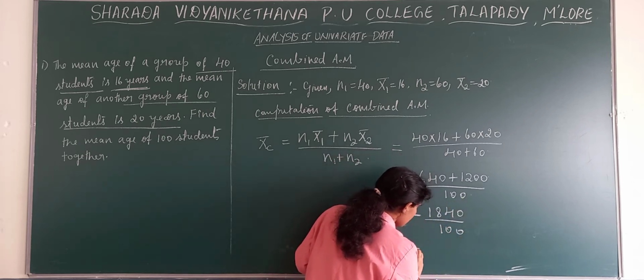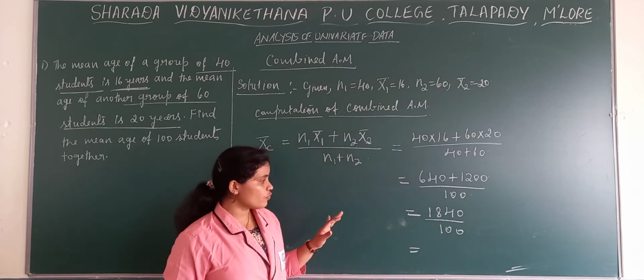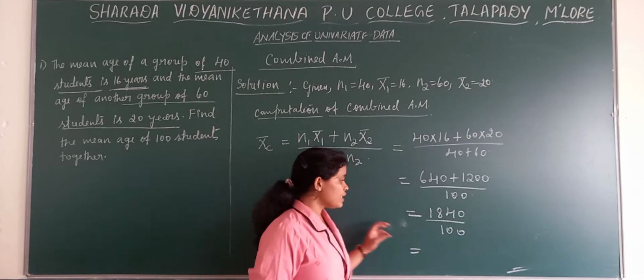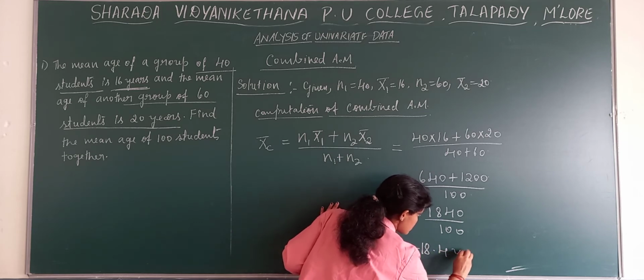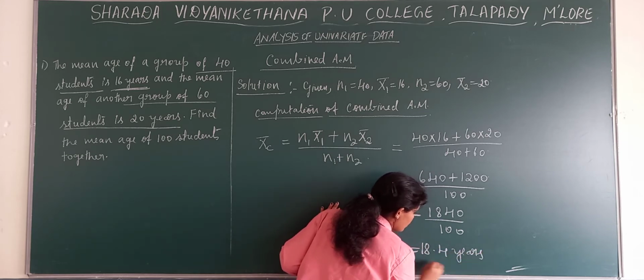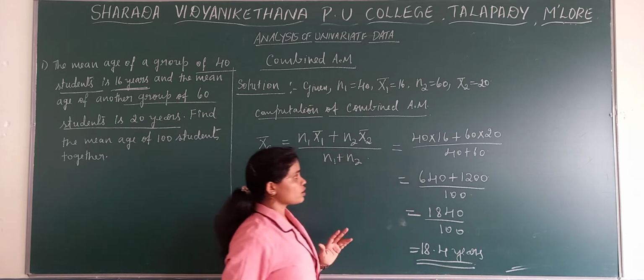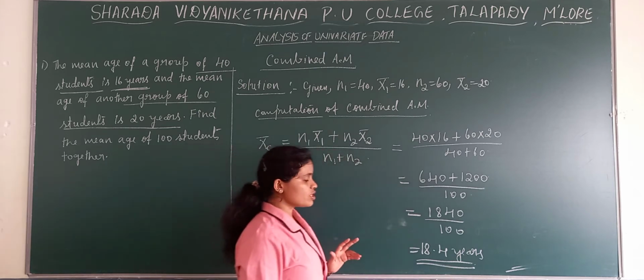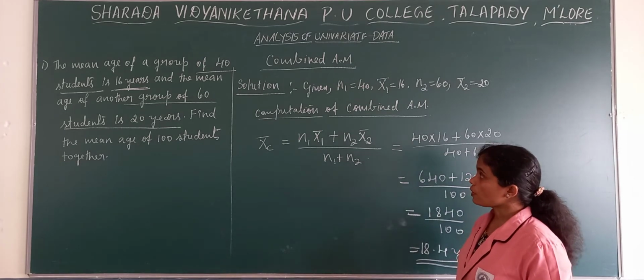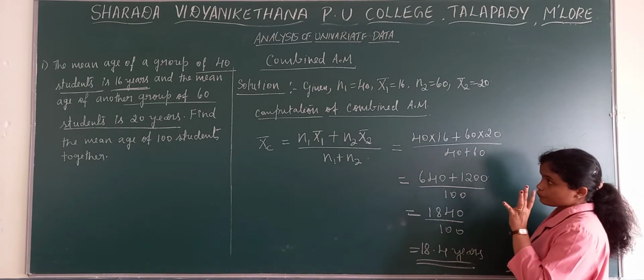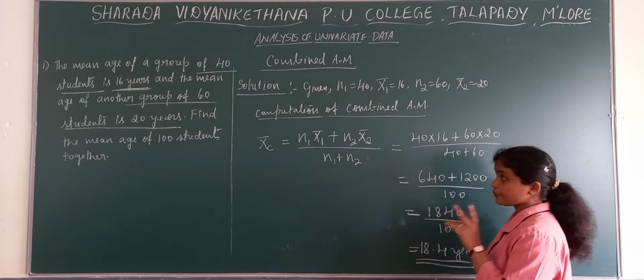So we get 18.4 years. Their combined arithmetic mean, or combined average, is 18.4. So this is about the first problem, the computation of combined arithmetic mean.